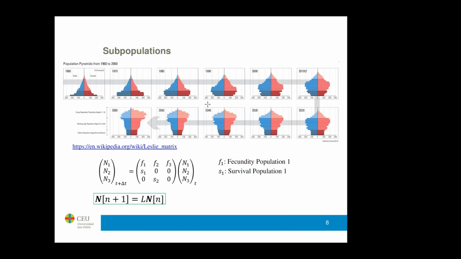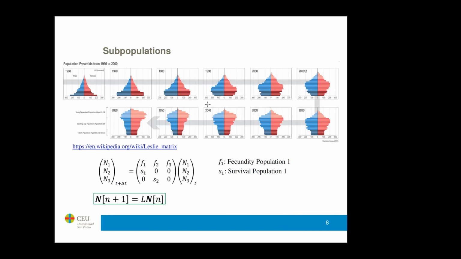Okay, so what is this? Let's look at this one. This is N1. N1 is F1 times N1, F2 times N2, F3 times N3. So N1, let's say, are the young people. The young people are born from each one of these subpopulations.